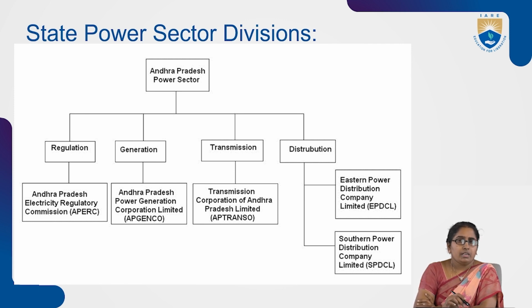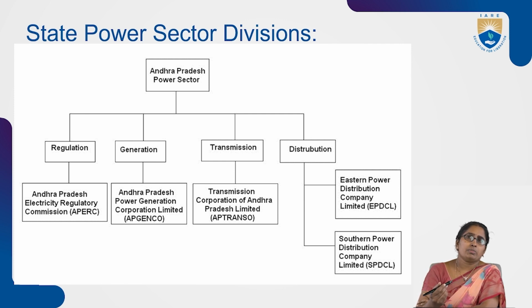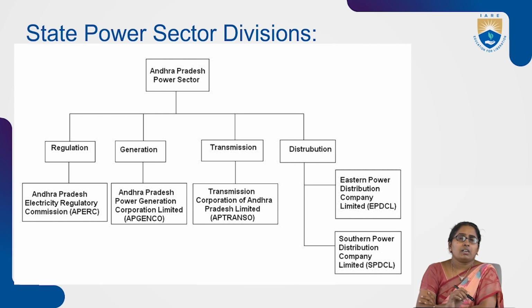Usually we know that the power sector is managed by the government. So in this power sector, the government has four divisions. They are regulation, generation, transmission, distribution.